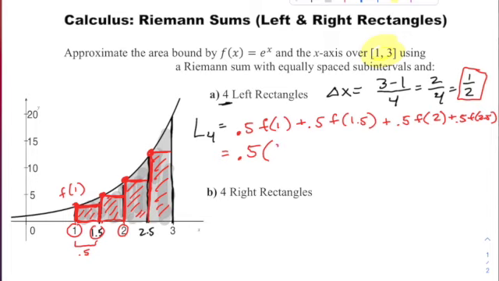So 0.5 times f of 1 plus f of, and then you notice how the x value inside that function increases by that same delta x. So if you don't have a graph in front of you, which is nice to visualize, but you don't really need it. If you know I'm starting at 1, then I know each x value is going to increase by 0.5. So f of 2, and finally f of 2.5.